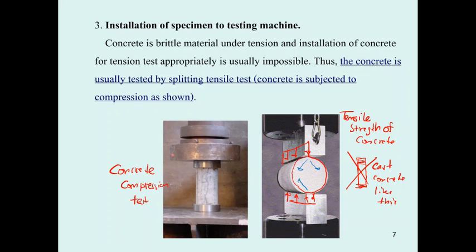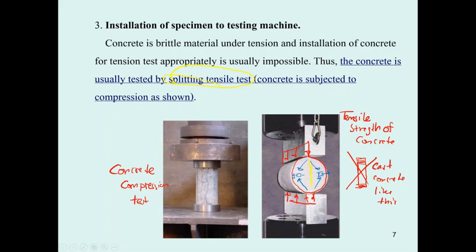The arch action is going to move in this direction, and it is going to produce what we call the resultant force acting on this element. When it moves this way, it is going to produce cracks along this section of the specimen. That's what we call the split tensile test of the concrete.